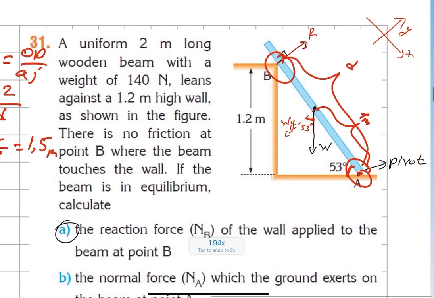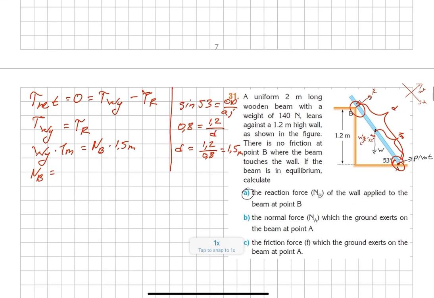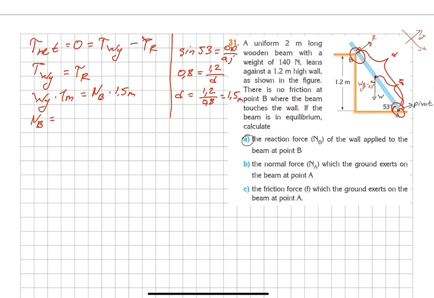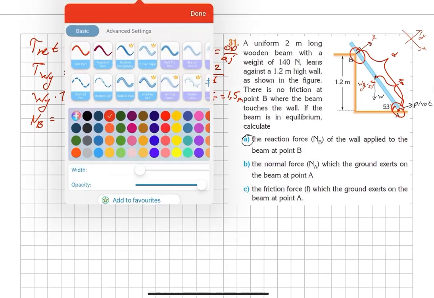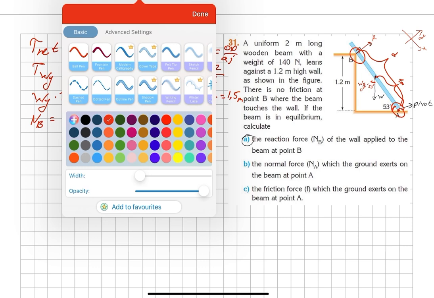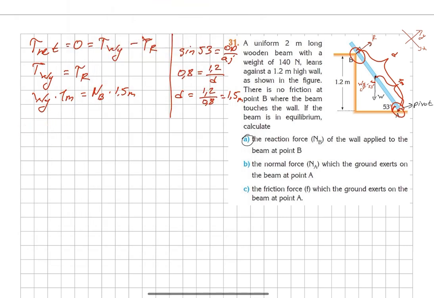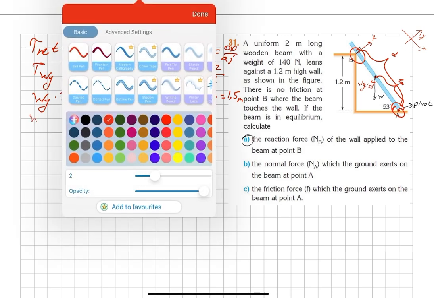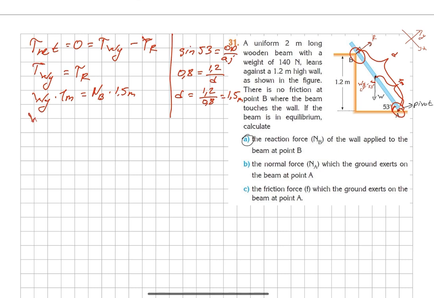So we can get weight by y like this, before making calculations: weight by y will be equal to weight times the cosine of 53, times 1 meter, is equal to NB times 1.5.